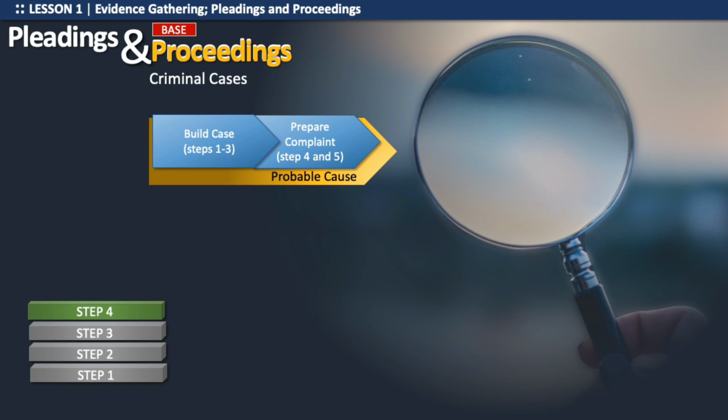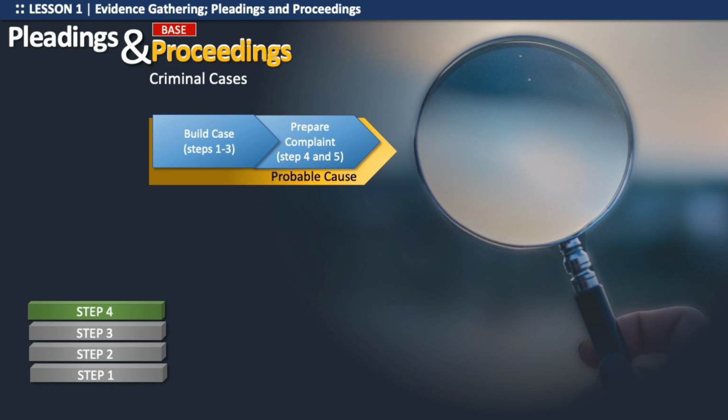This is the foundational quantum that must be reached before you, as the investigator in a criminal environmental case, could institute the criminal action. Let's now say that you have reached that quantum and you're ready to proceed.